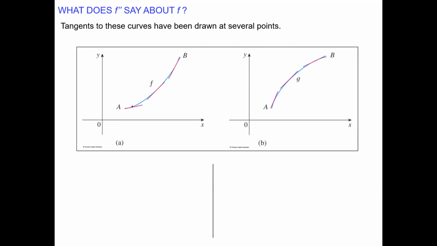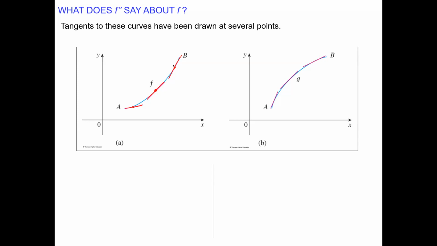I draw a couple of tangent lines. This is the first tangent line, and that's the slope. This is another tangent line, and we can see that this tangent is steeper, and this one is even steeper. That means we can say that the slope of the tangent line is increasing.